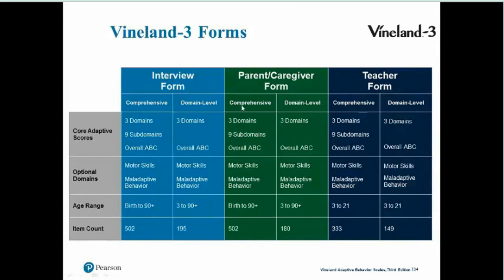The comprehensive form gives you all domain, subdomain, and overall ABC scores, your motor skills and your maladaptive scores, and it also gives you that very low developmental start point and the very low age equivalent scores down to birth. 502 questions, but there are ceiling items, so you won't do all 502 questions. The domain level form gives you the 3 domains, but not the subdomains. All other scores are available, but just note that the developmental age starts at age 3.